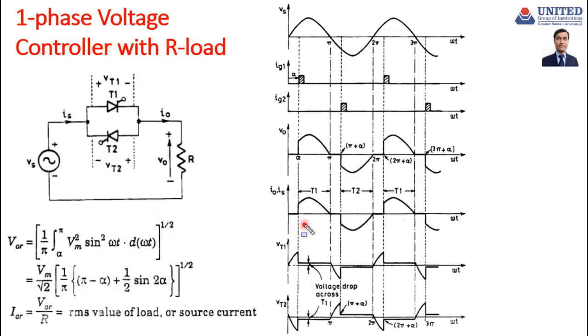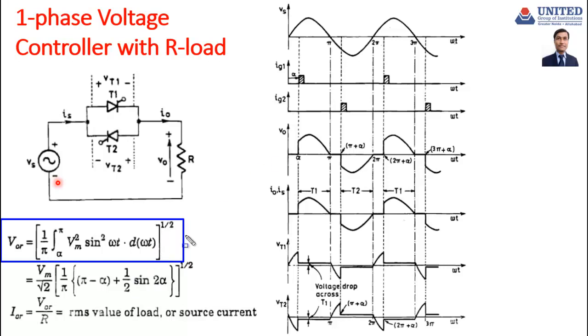Now, when we calculate the RMS value of the output voltage, we find V0R equals the square root of 1 upon 2 pi integration from alpha to pi of Vm squared sin squared omega t d omega t. This equation comes from the waveform of output voltage.